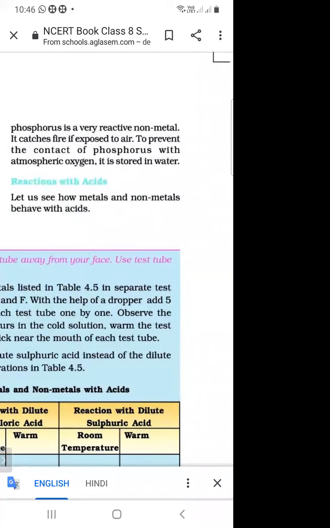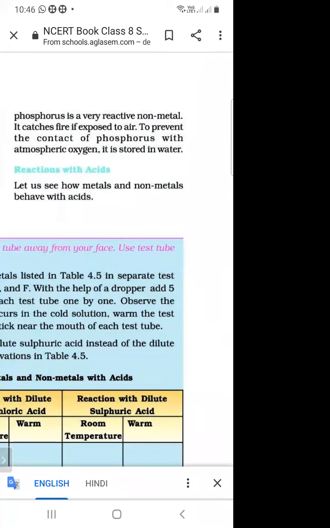And why do we not keep phosphorus in the air? Because it is a very reactive non-metal and an explosion may occur. To prevent this explosion, we store it in water.